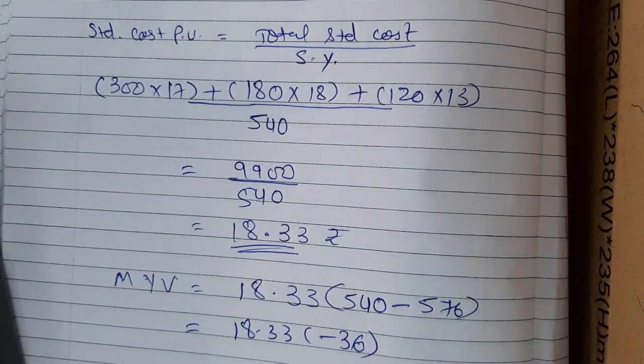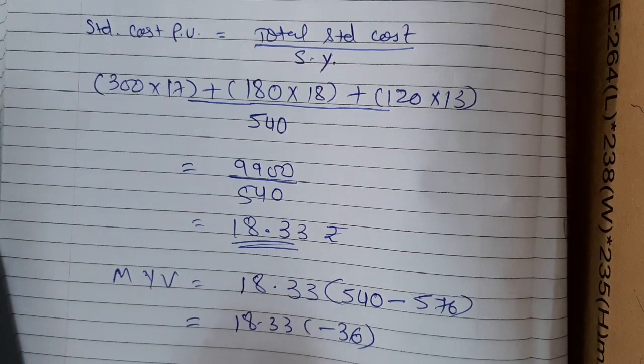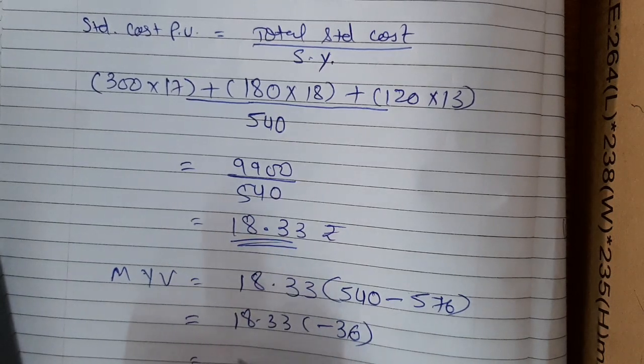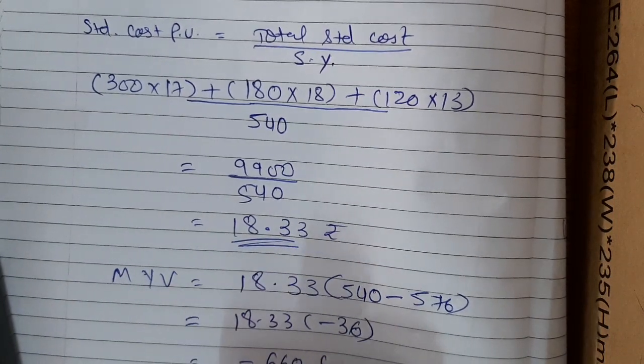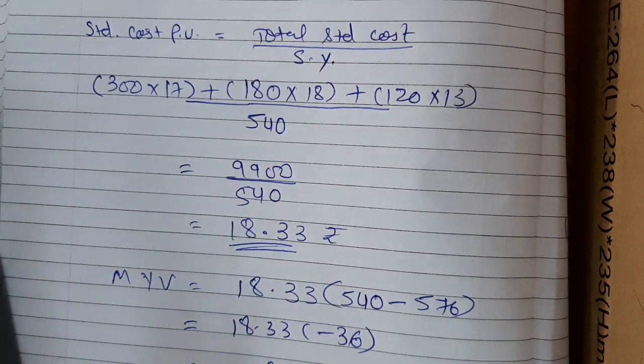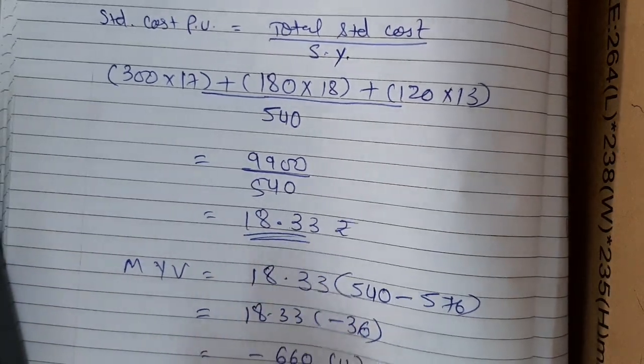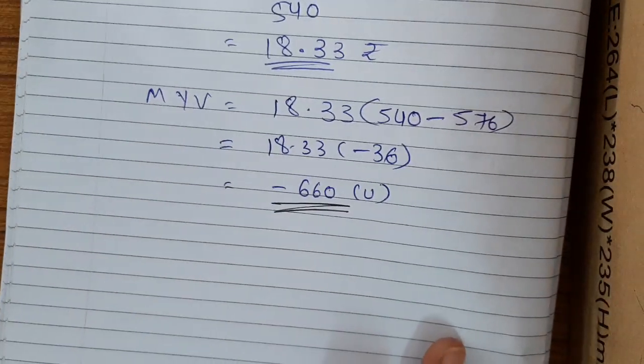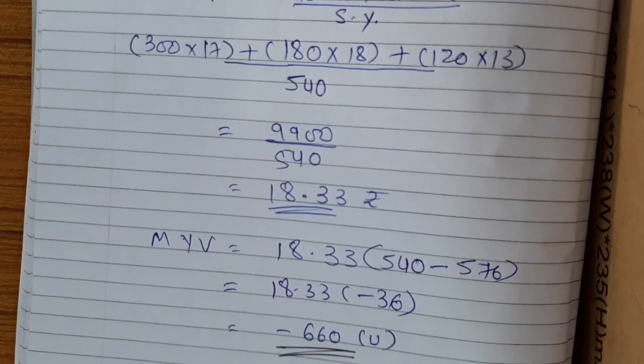So my yield variance is 660 unfavorable. Right, so this is my yield variance 660. Now you can verify this on your own, as we did in the last example.